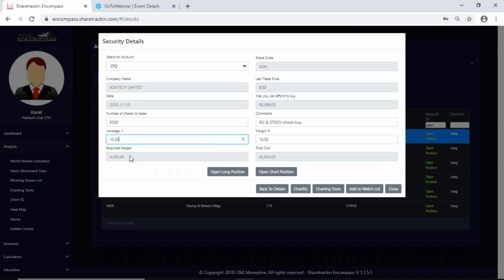That will be what they will deduct from your account. So that's the amount that you pay for the share. The total cost is the value of 5,080 VTech shares at 8.53 Rand.